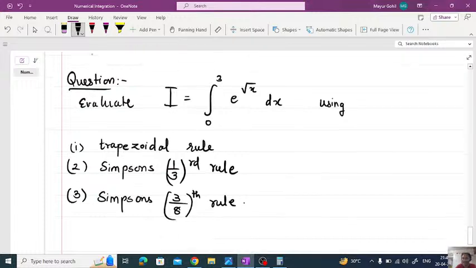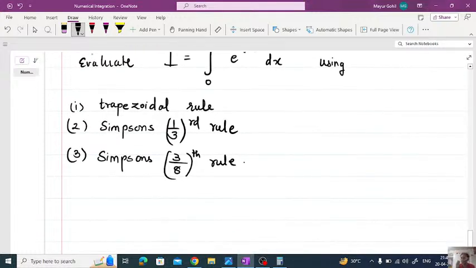Now see, in this question, sometimes n will be mentioned and given to you, sometimes it will not be mentioned. Either n or h will be given, one of the two. If nothing is given, we will see what to do. But for this first question, let us see what we will do.